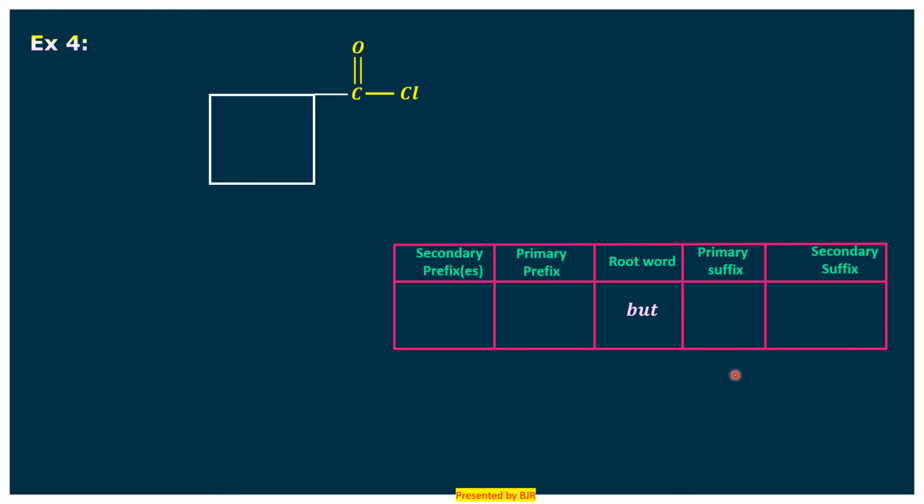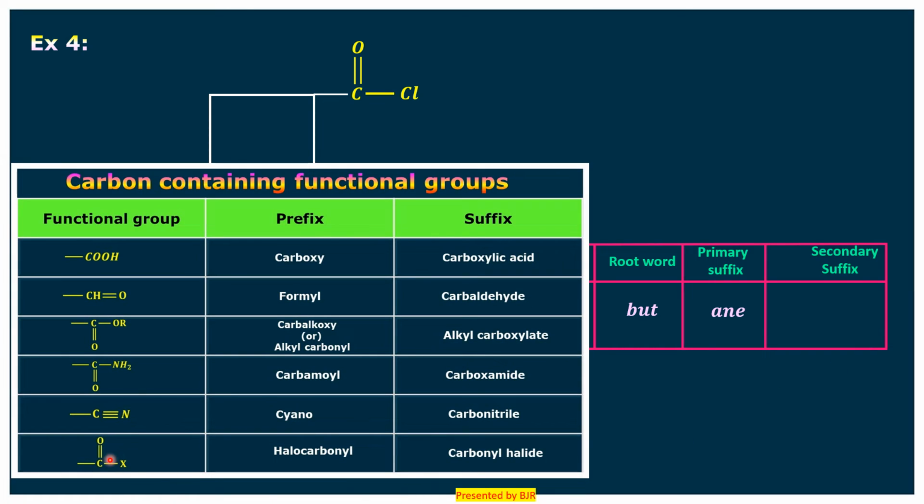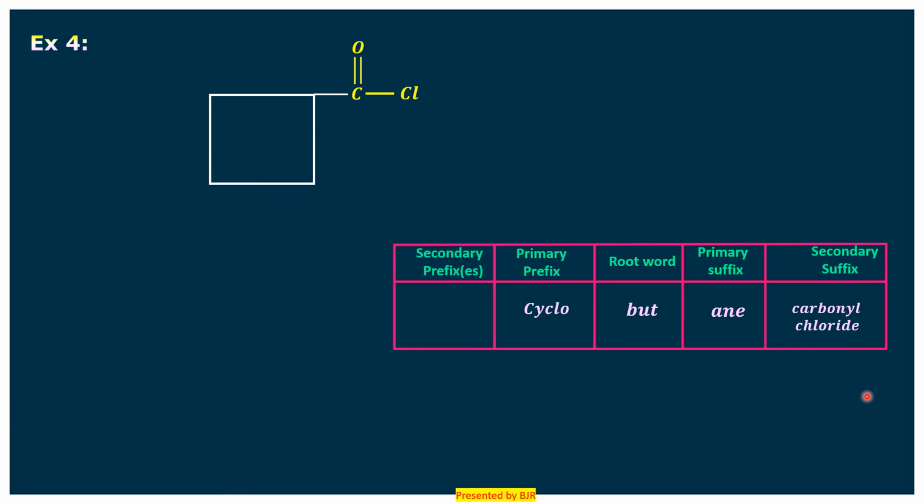Primary suffix ane, primary prefix cyclo, and secondary suffix: you can see here the COX carbon terminating functional group is there, so the secondary suffix is carbonyl halide, here carbonyl chloride. The name of this alicyclic organic compound is cyclobutane carbonyl chloride.